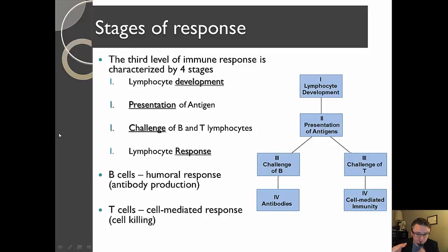Okay, so these are not just a straightforward linear process where things all take place at a gradual, consistent rate. So, for example, the first stage is called lymphocyte development. Lymphocyte development actually begins in fetal development, so it begins along with the rest of your body's development in utero, and will then continue after you're born throughout pretty much your entire life.